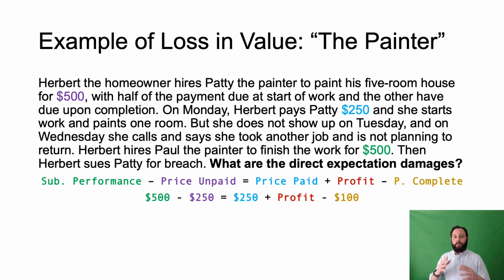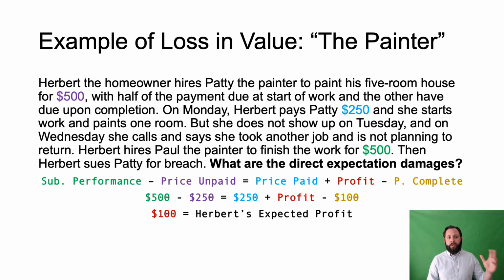But let's continue. How much did Herbert actually pay? He paid $250. And how much value did Patty do? She did 1/5 of $500 worth of work, or essentially $100 worth of performance. And so we can actually calculate that Herbert expected to profit $100 from Patty's work in this case based on our formula, but that's not the amount of damages awarded.